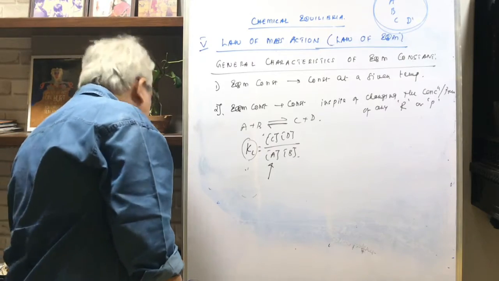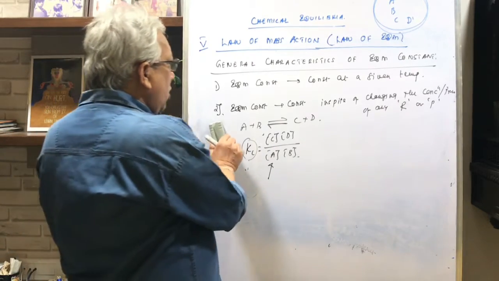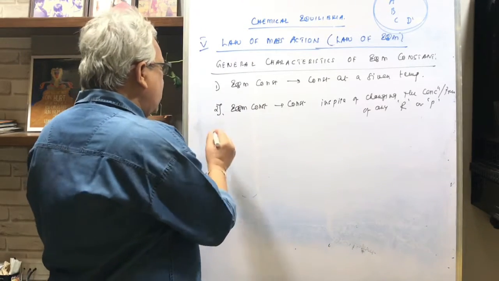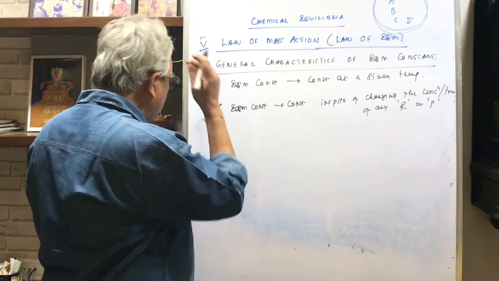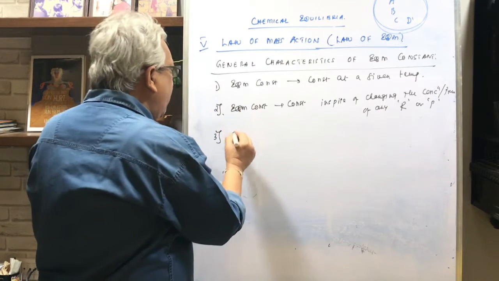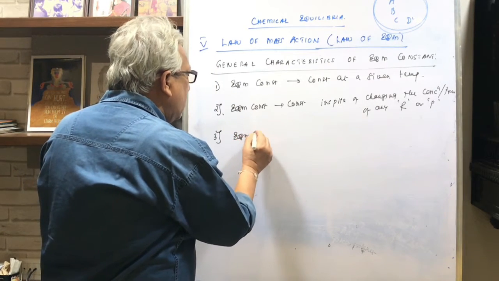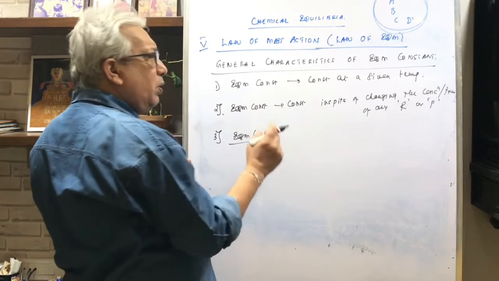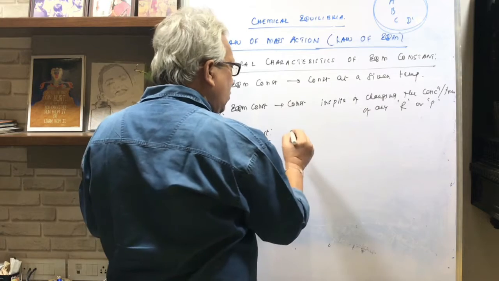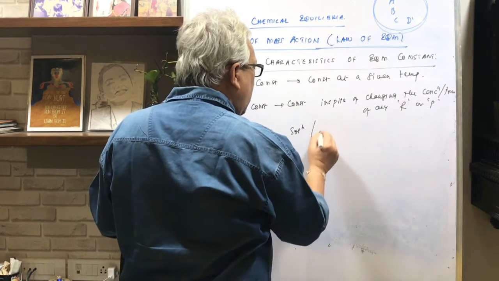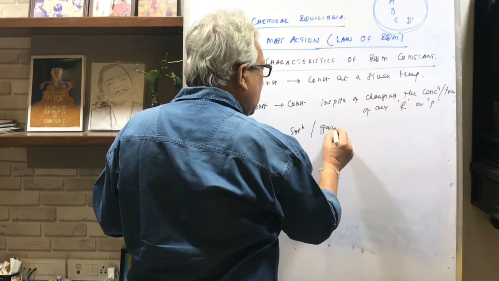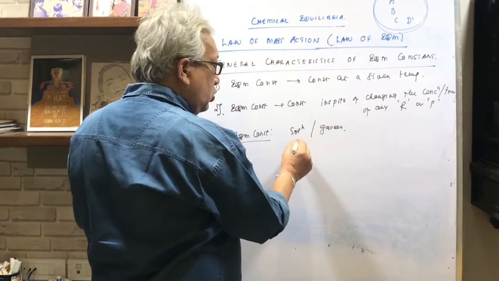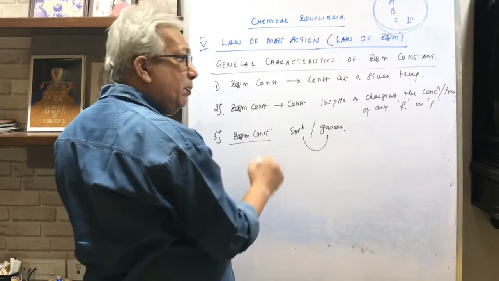Then there is another thing I must tell you, point number 3. When you write the equilibrium constant, for anything which is in the solution state or in the gaseous state, their concentration value or pressure value will come into the picture.